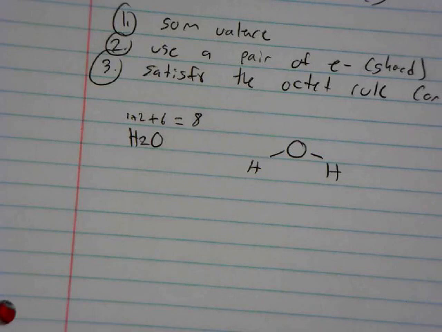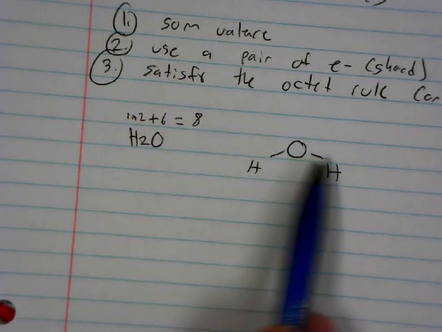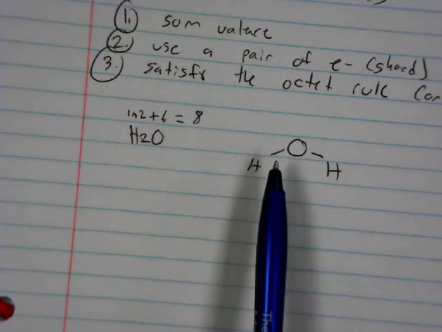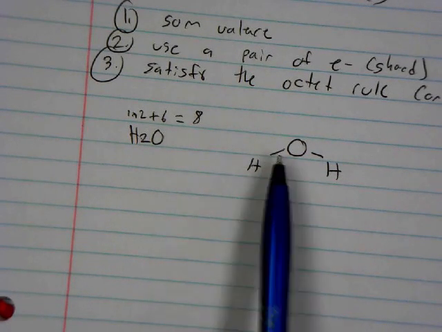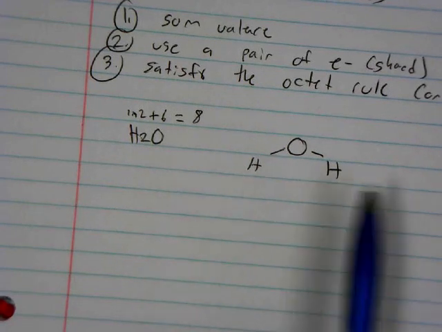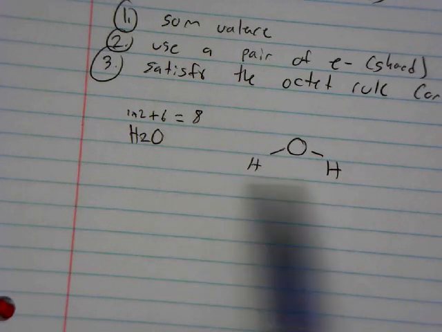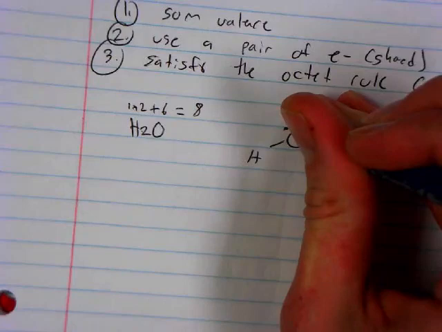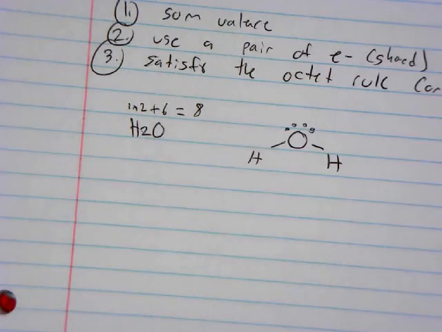What's going to go in the middle for water? You guys already know this. The oxygen. So here's my oxygen. I know I'm going to have a hydrogen connected here and a hydrogen connected here. How many electrons have I accounted for so far? 2. 4. Each bond is 2 shared electrons.